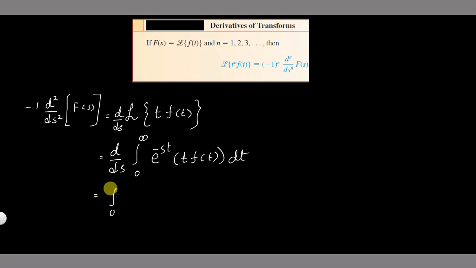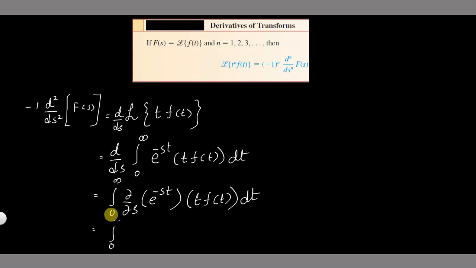Similarly, just take the partial derivative of this function e raised to the power minus st, t f of t as it is, and we have 0 to infinity minus t e raised to the power minus st t f of t dt.